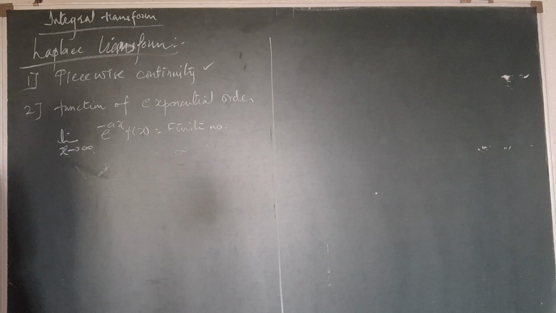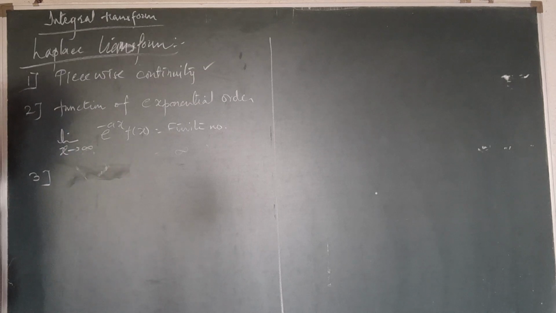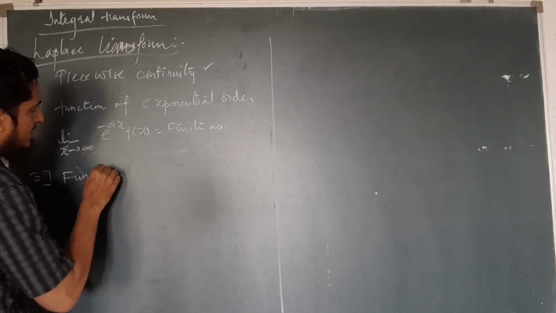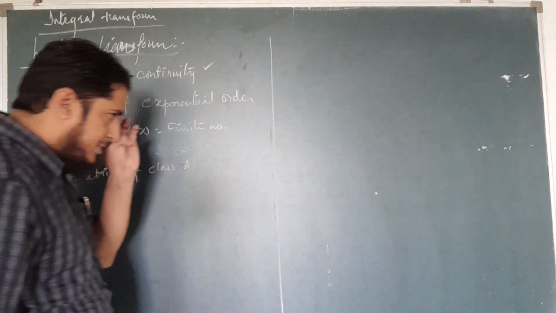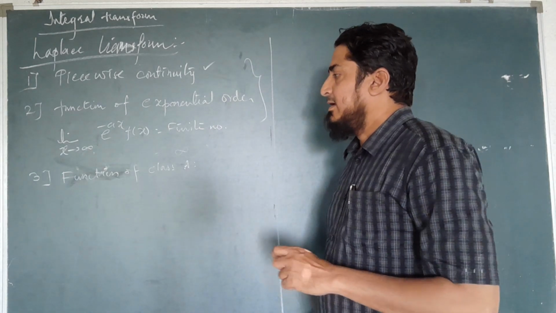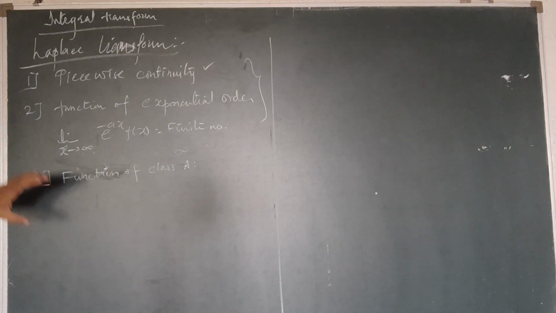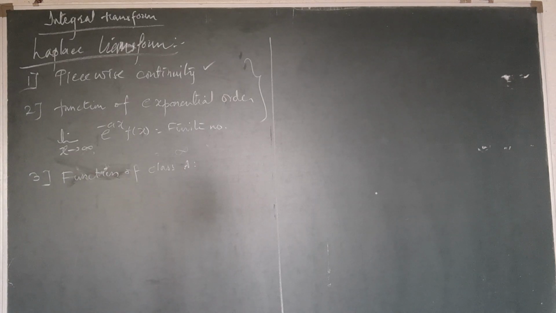Now we will see one more definition which is quite important to understand, and that definition is called function of class A. It is the collection of both of these two definitions. If a function satisfies both of them, then it is called a function of class A.